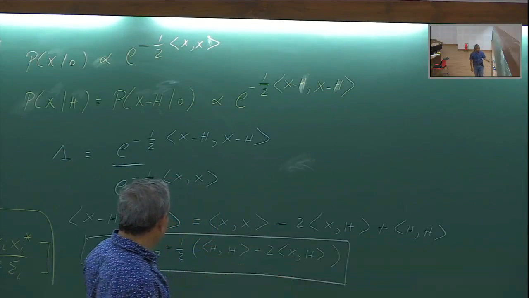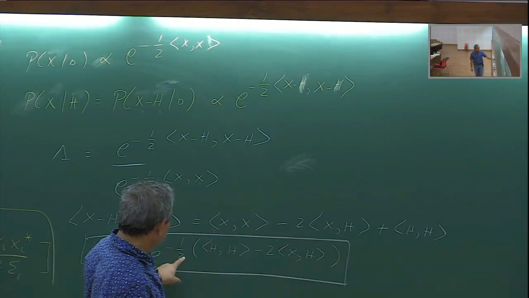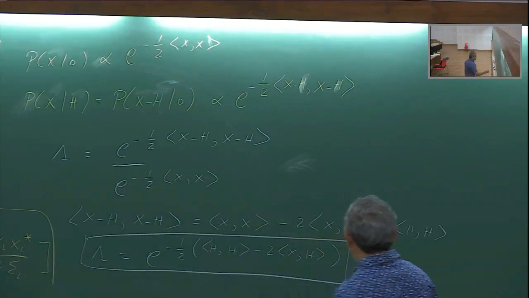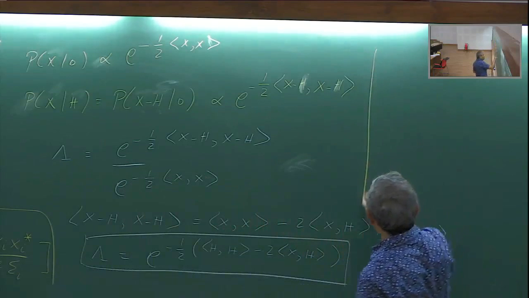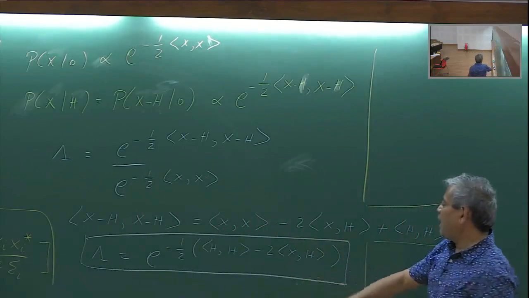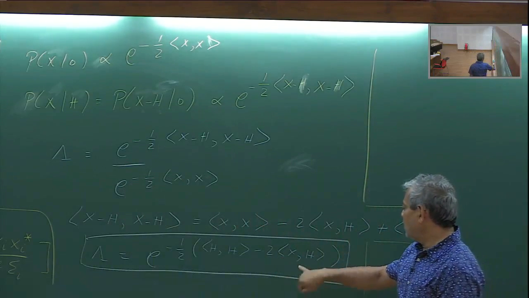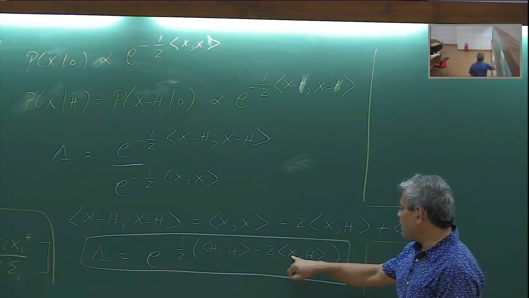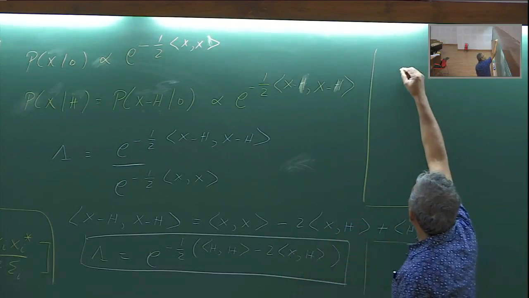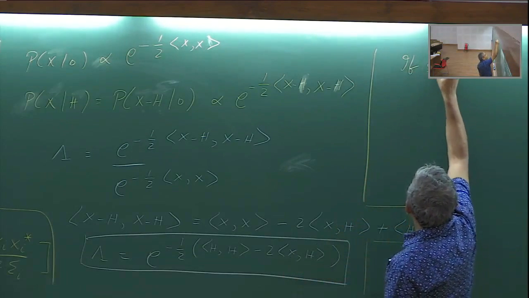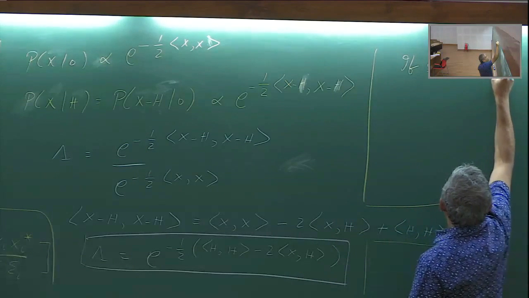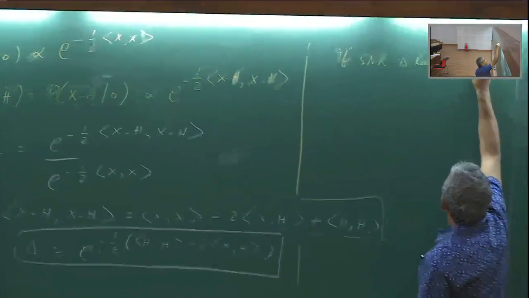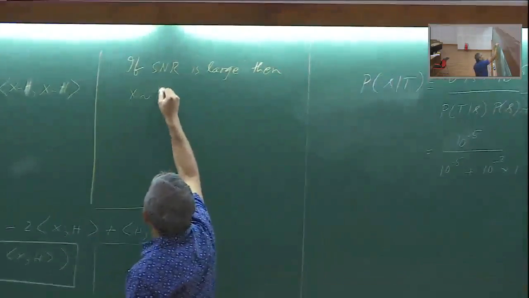If the SNR is very large, or the signal strength is high, then x is h itself.